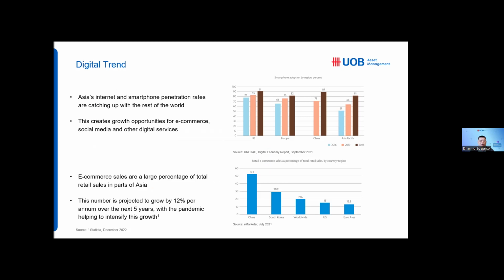The third trend we talk about is digital. If you think of it, China is obviously the most heavily penetrated country in terms of smartphones, in terms of digital. Think of how efficient they are in terms of food ordering or online shopping, and TikTok, which emerged out of China in terms of social media.